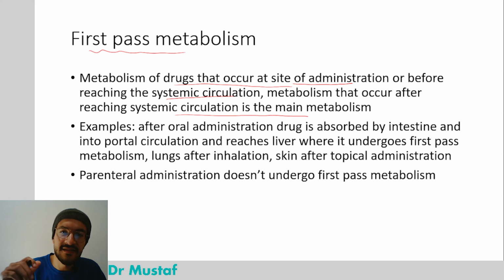As examples of first pass metabolism, an orally administered drug would be absorbed into the intestine, into the portal circulation and into the liver, where it undergoes first pass metabolism.